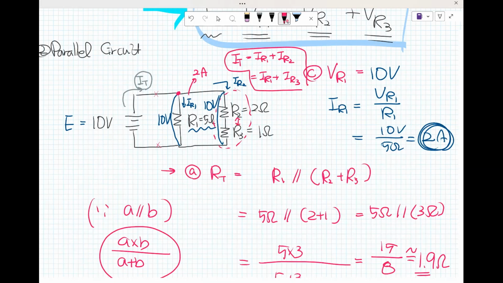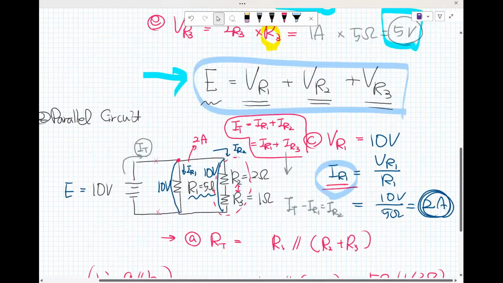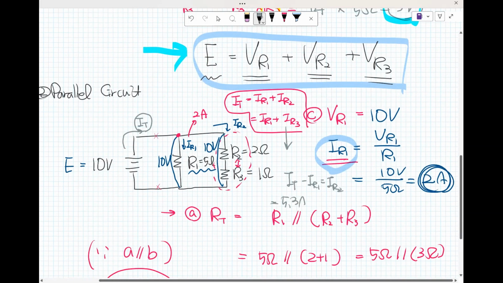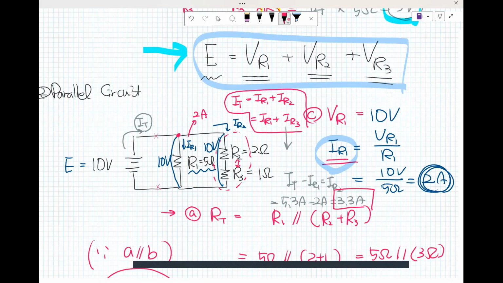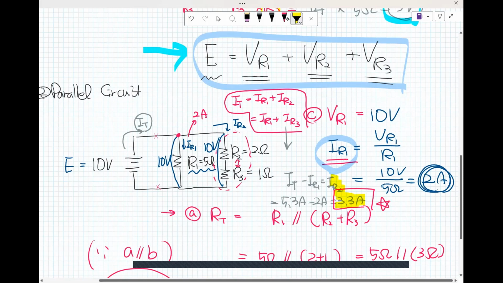Because they are in parallel. So I sub R sub 2 is I sub T minus I sub R sub 1, which is 5.3 amp minus 2 amp, 3.3 amp here. It's very important. This is I sub R sub 2.